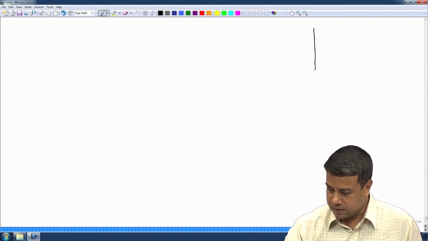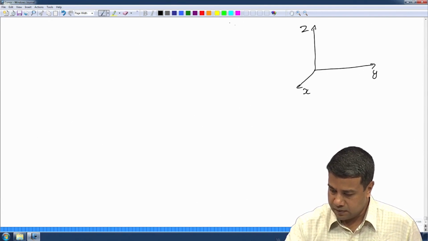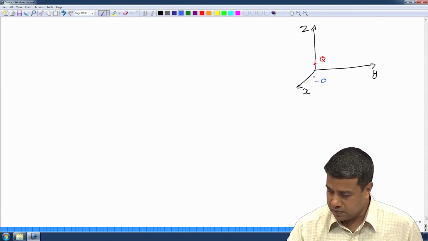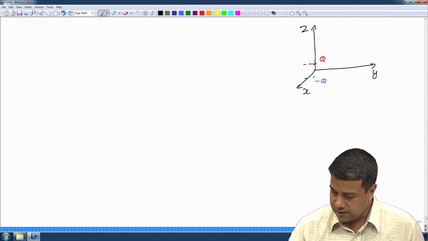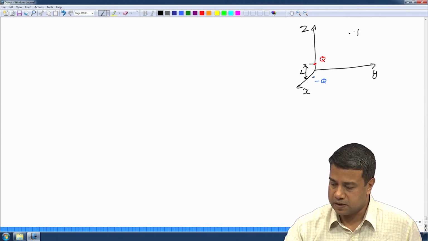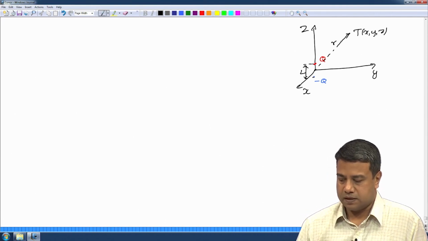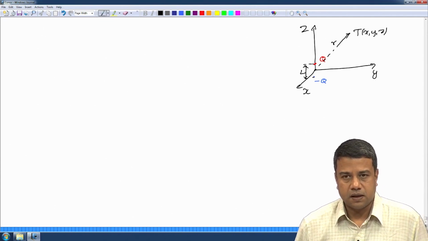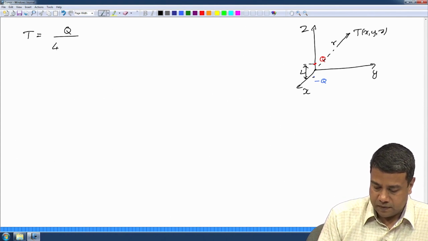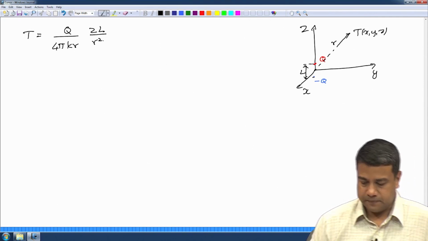I had started off with a problem with a source plus q and a sink minus q, separated by a distance L, and I was trying to find out what the temperature was at some location T of x, y, z, for the case where this distance r is much larger than L. Retaining just the first term in the expansion, what I got was T is equal to q by 4 pi k into r into ZL by r square.